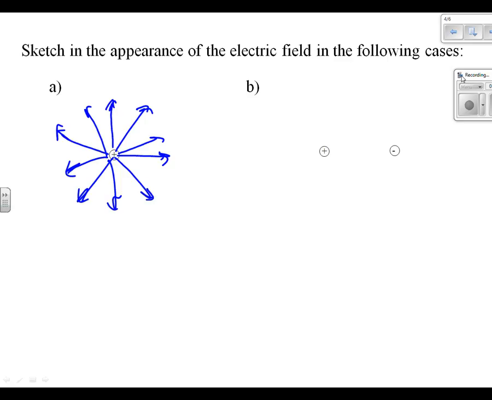What if I had that and then I asked you to draw a stronger one, what would a stronger one look like? Longer arrows? Shorter arrows? If it was a stronger field, it would have more, because it's the density that matters, right? More arrows.